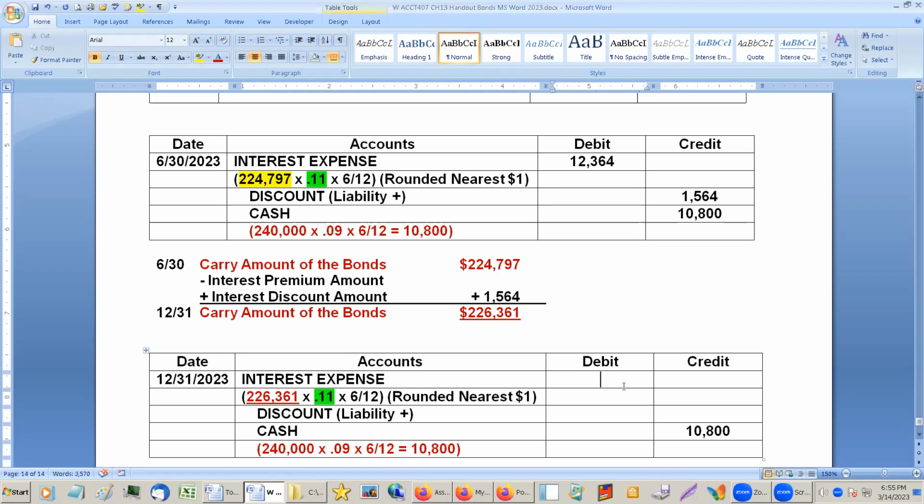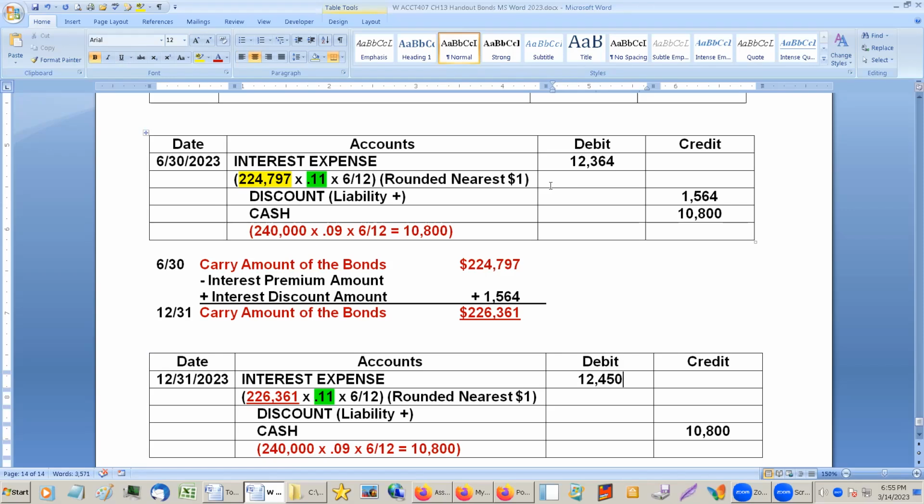Let's see what that looks like. $12,450, rounding it off to the nearest dollar.